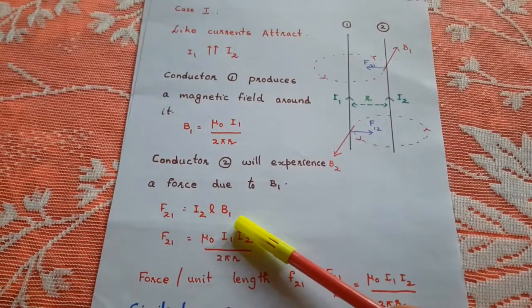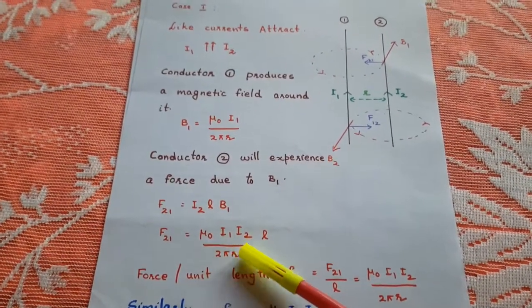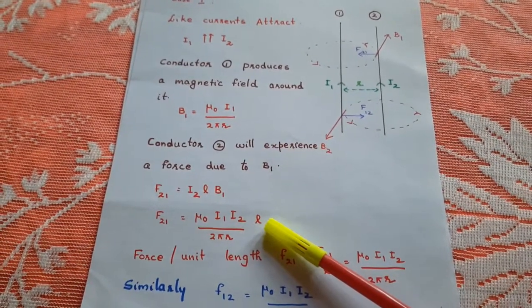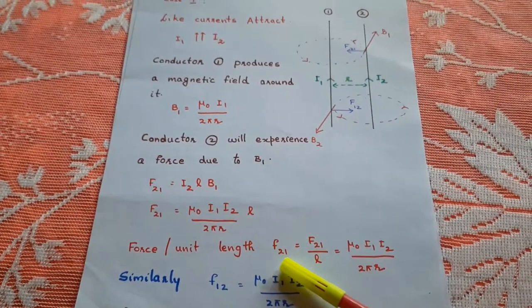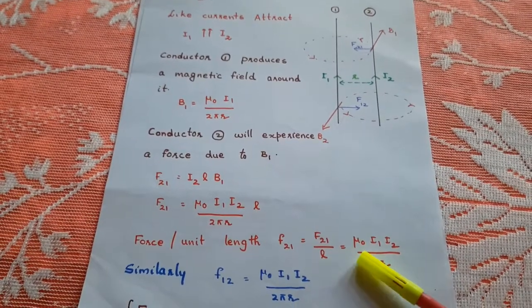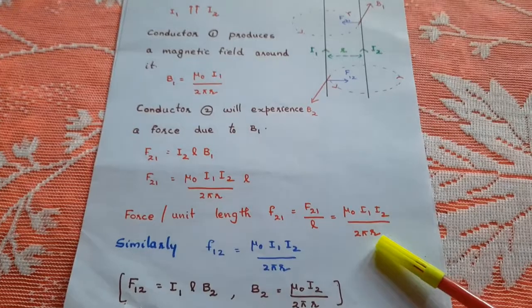Let us substitute for B1. So F21 is equal to mu0 I1 I2 by 2 pi r into L. So the force per unit length, F21 by L, is equal to mu0 I1 I2 by 2 pi r.